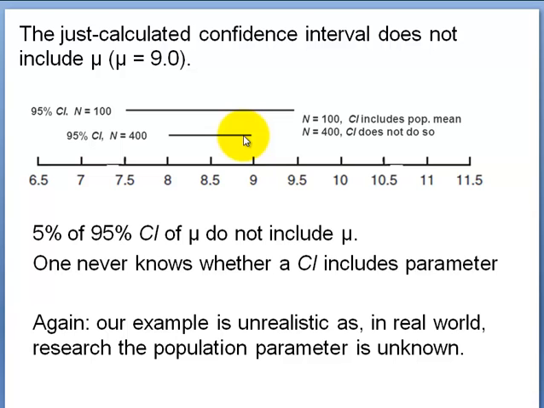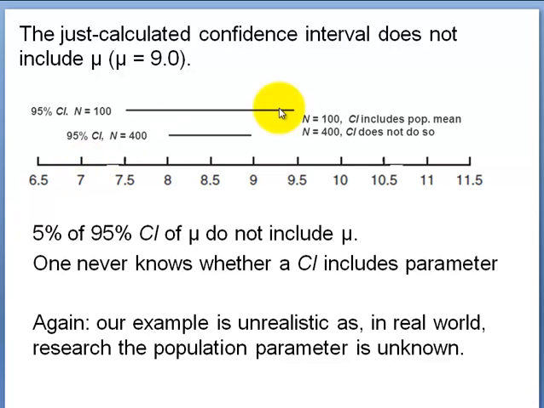We're able to specify a narrower range for the population parameter. And in this case, this is almost all incidental, it's the case that where sample size is 400, the confidence interval does not include the population mean, whereas it does when sample size is 100.